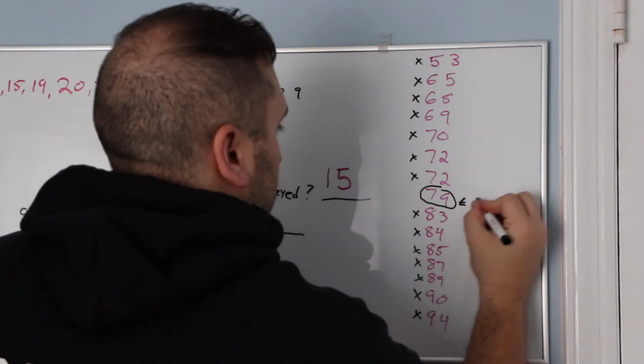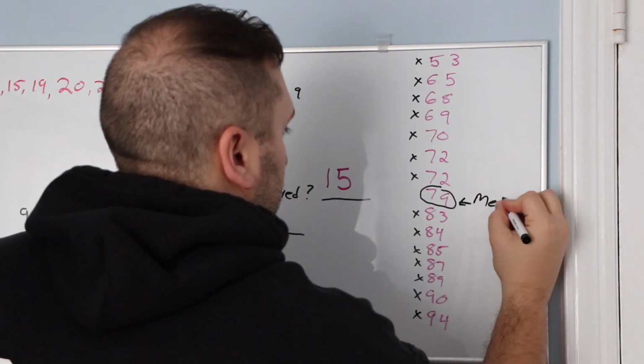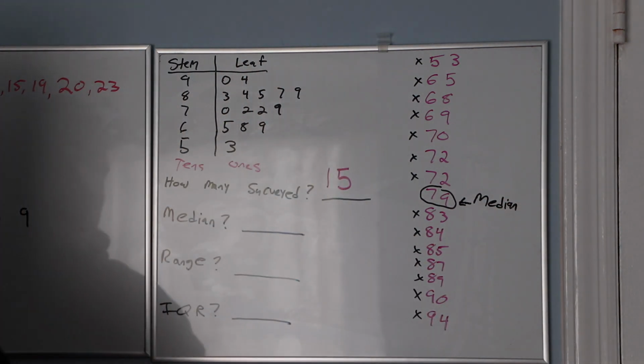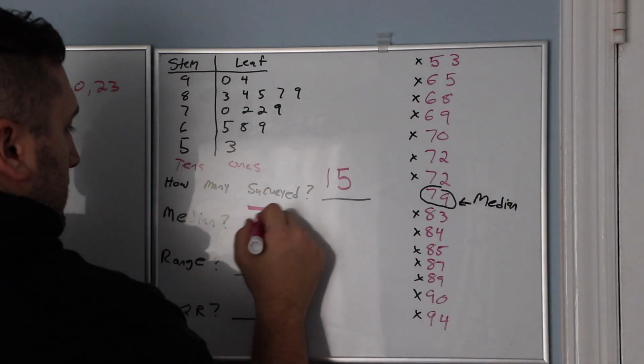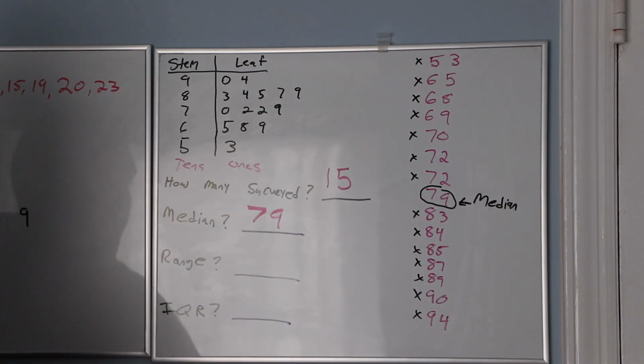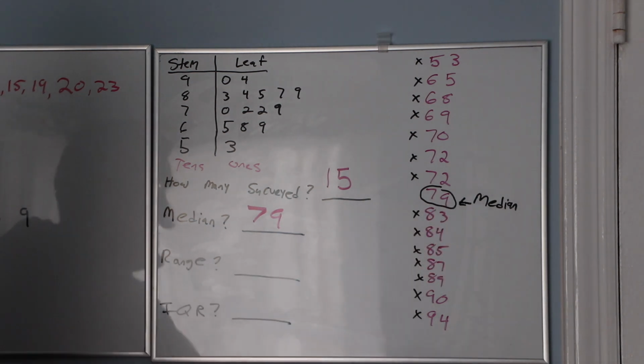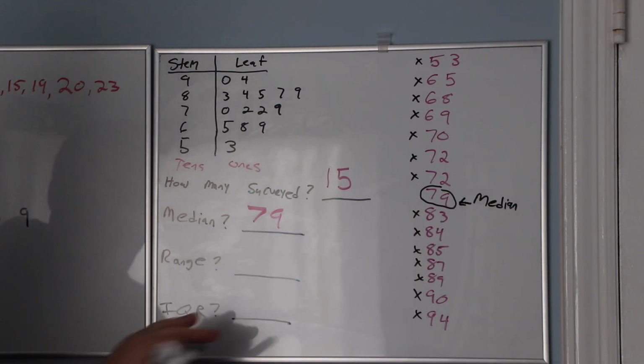So this guy is the median. Okay, so our median is 79. Now remember, that median splits our data in half. We'll talk about that when we get to IQR.